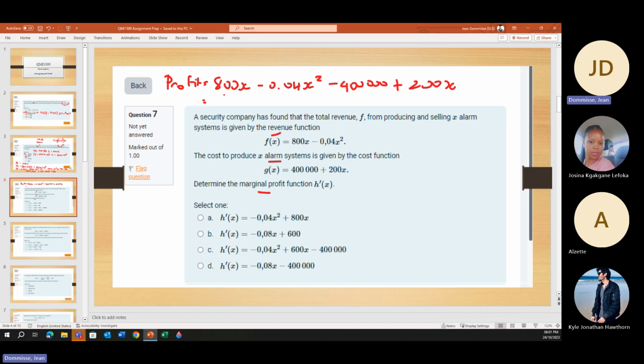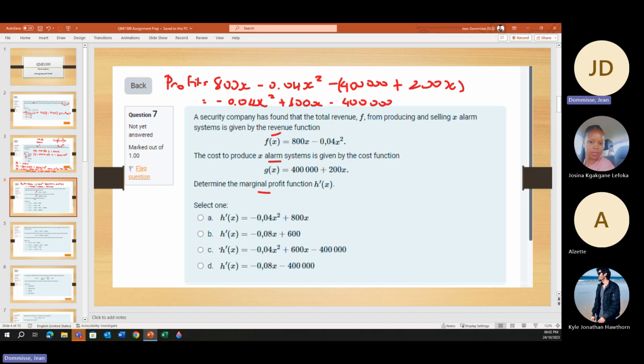Okay, so let's first get it in a simpler form. Okay, minus, just remember, I should have done that. So it is 600x minus 400,000.